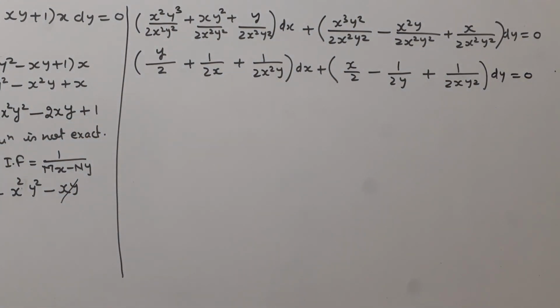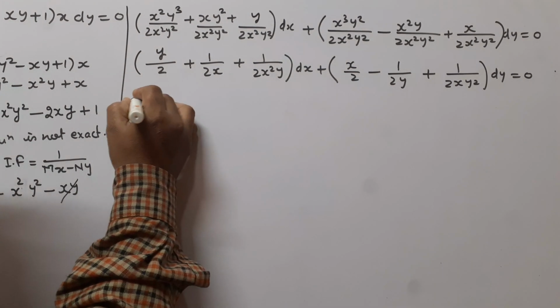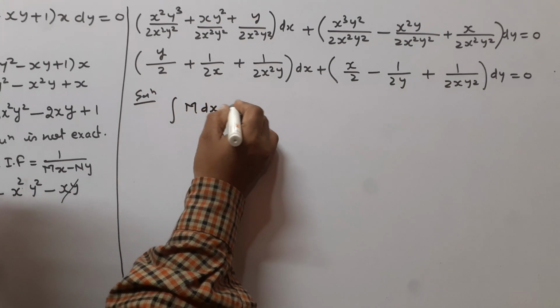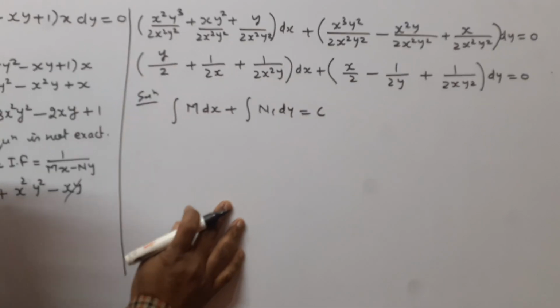Now this equation is reduced to exact form. If we find del m by del y and del n by del x, we can see that both are equal. So we write the solution of this differential equation, that is integral of m dx plus integral of n1 dy is equal to c.